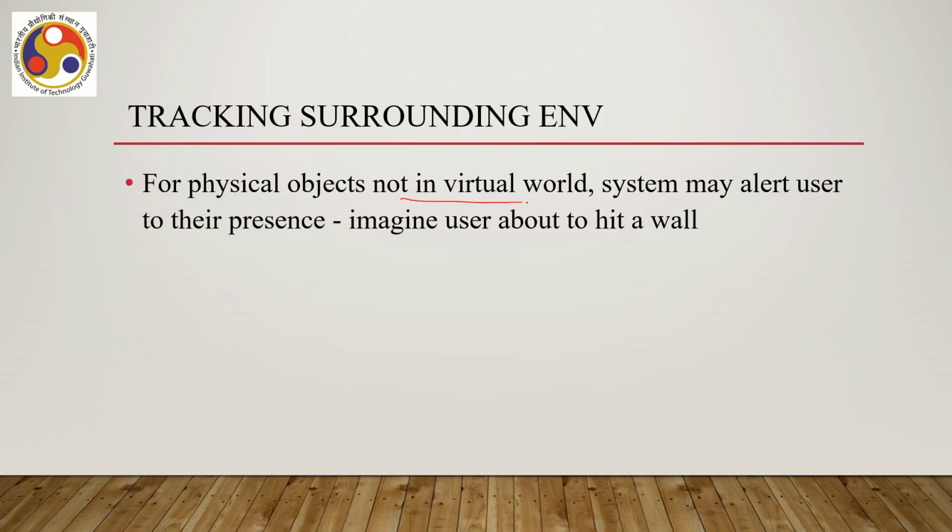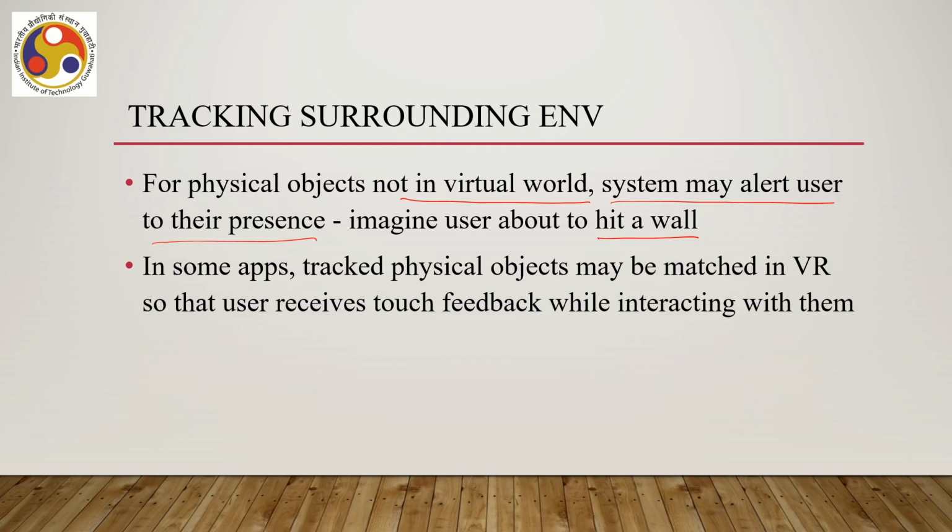For physical objects not in the virtual world, in the context of VR, the system may alert the user to their presence. For example, imagine a scenario where a user is about to hit a wall. The wall is there in the physical world, but it is not there in the virtual world.